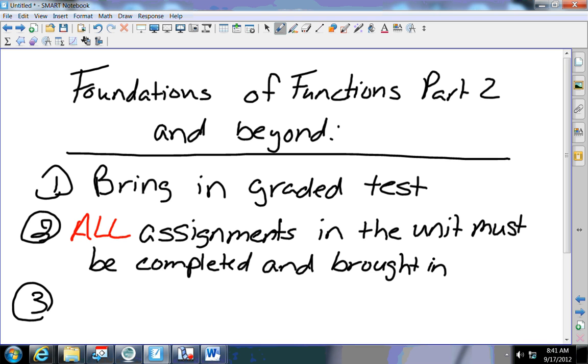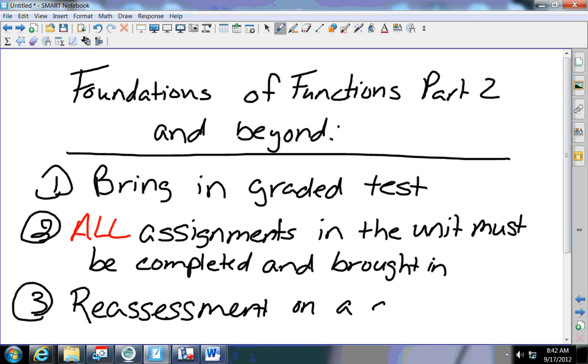Then you will do the reassessment on a given day. So from here on out, you'll have to bring in your graded test. All assignments must be completed and brought in, and then you'll be able to do the reassessment.